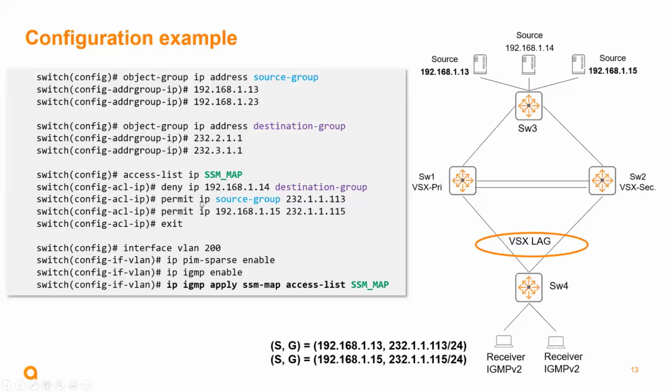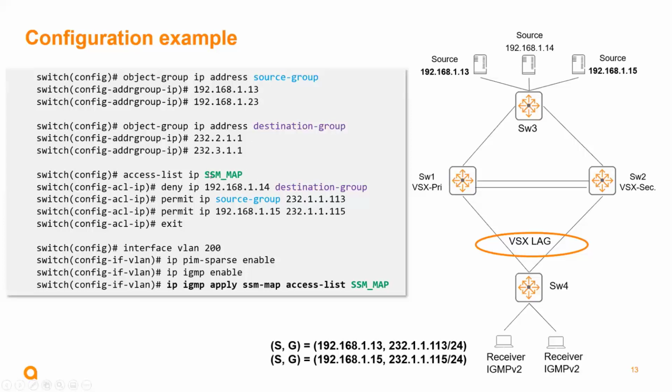And permit ip from this source and from that source for the multicast stream for this destination 232.1.1.113. An example of /32 source and /32 destination. But by default, even in the source groups, we have to use /32. It's unicast IP addresses we use for our source, and /32 for the destination as well.